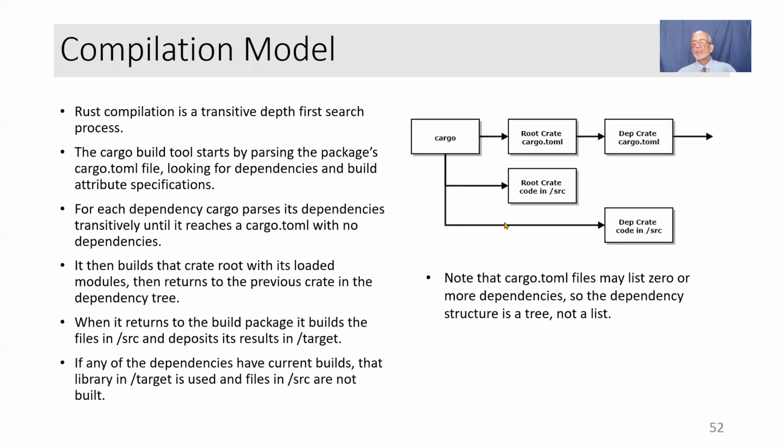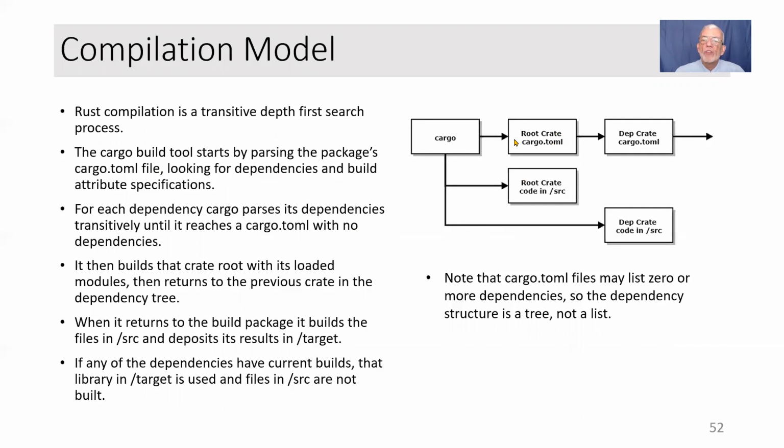It transitively pulls up the cargo for each of those dependencies and analyzes that to see whether it's at the end of the dependency chain, or whether it has to recurse deeper.